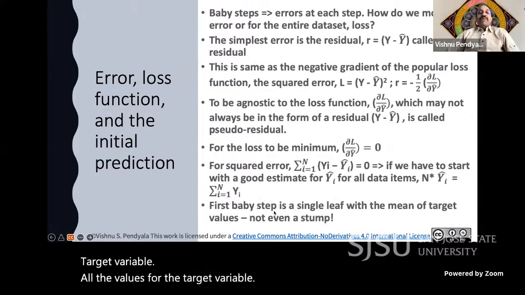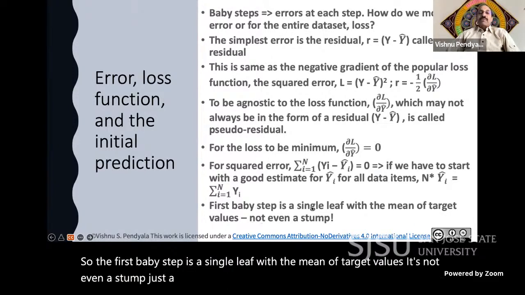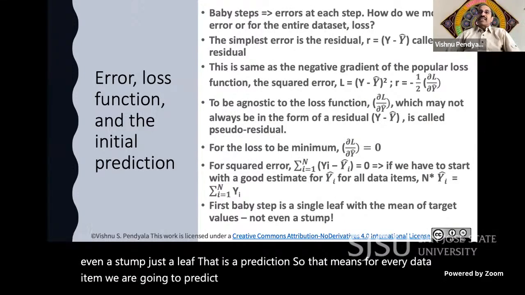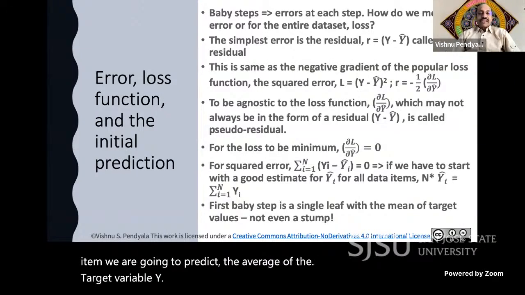So the first baby step is a single leaf with the mean of target values. It's not even a stump, just a leaf. That is a prediction. So for every data item, we are going to predict the average of the target variable y. You get that?